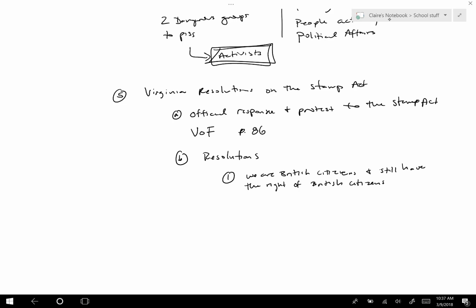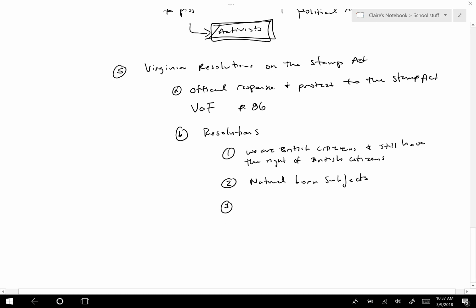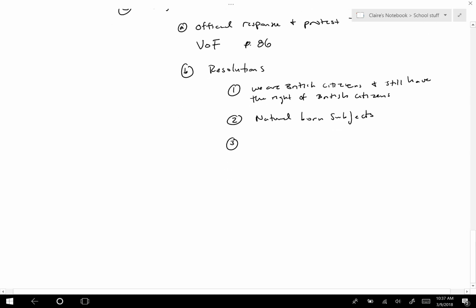Okay, so we are British citizens and still have the rights of British citizens. The second resolution is really kind of reaffirming the first a little bit more, that they have all the rights of natural born subjects. And that's just reinforcing this. And they felt like they had to do this because it kept going back and forth as far as what rights did they have, what rights did they not.